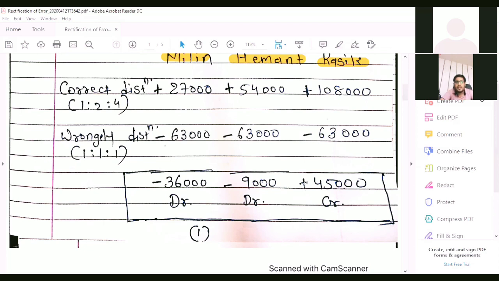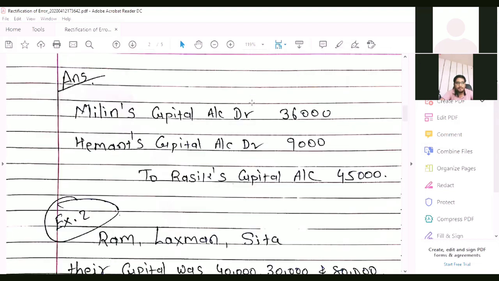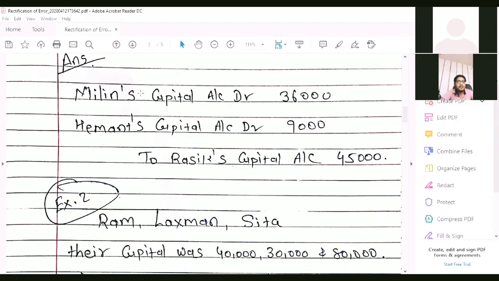So plus sign means this Rasik's capital account is credited, and decreasing means minus sign, so these two accounts are debited. So what is your rectification entry? Let's see. It is Milin's capital account debit 36,000, Hemant's capital account debit 9,000, to Rasik's capital account 45,000. I hope it is clear.